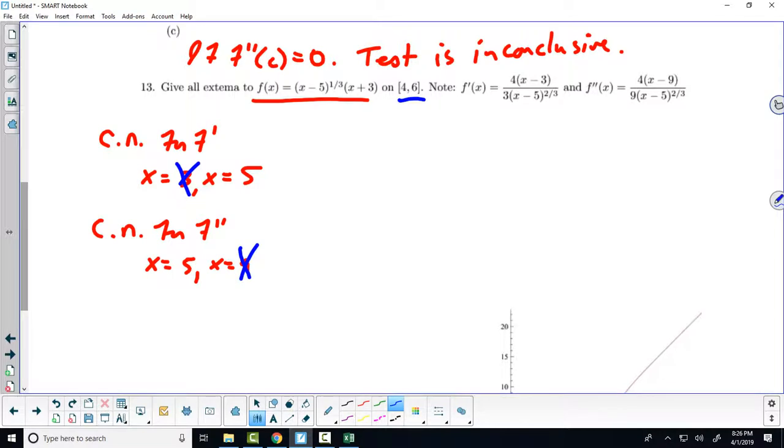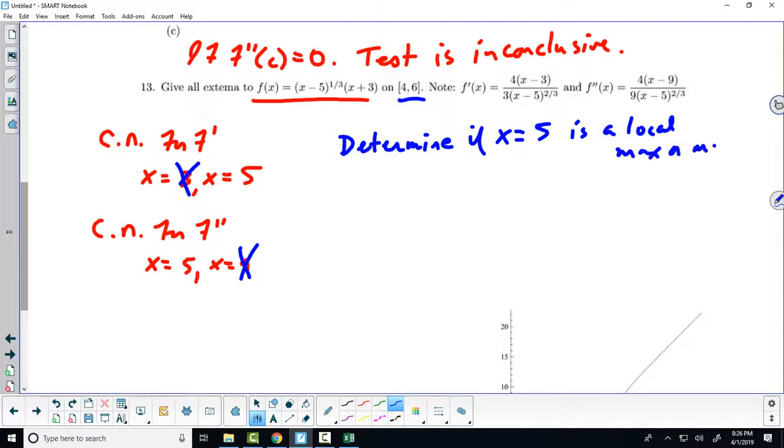Well, let's determine if x equals 5 is a local max, min, or undetermined.